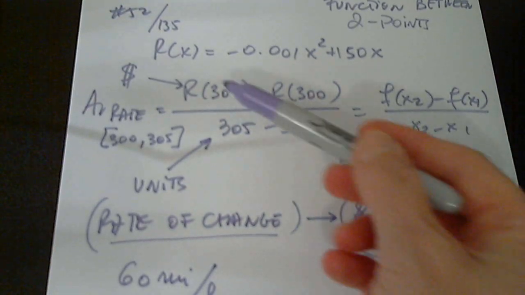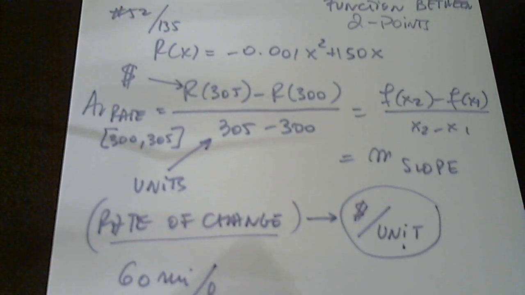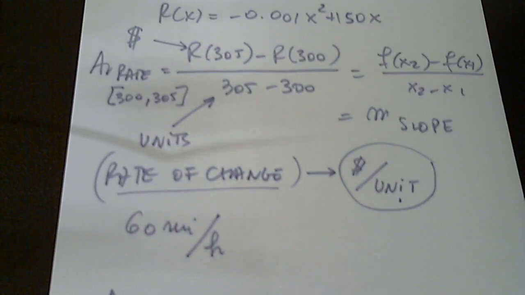Okay, so in order to determine the average rate for this function, I'm going to plug the function into the graphing calculator. In y equals, I clear, and I enter negative 0.001 x squared, and then plus 150x.